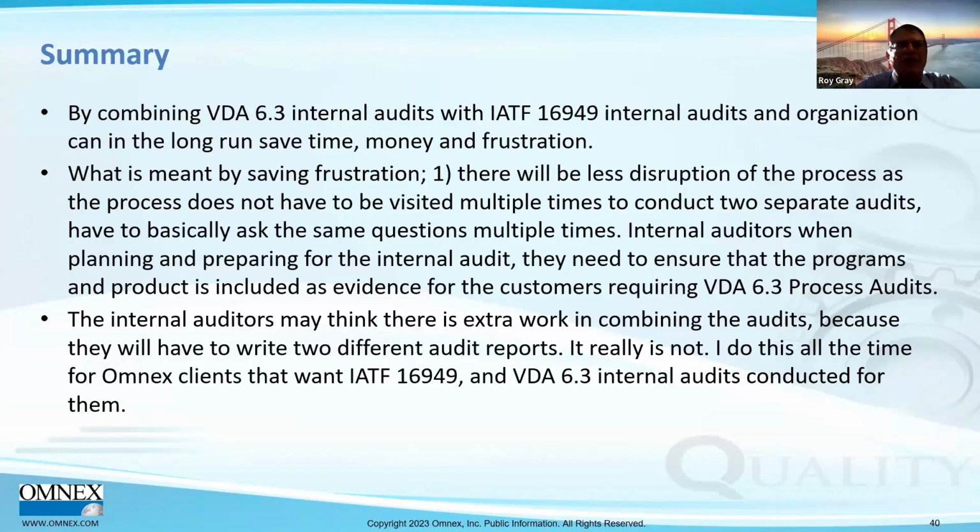And if you give it a 0, they have nothing in place for VDA 6.3. So there are 2 different audit reports we need to complete, and it's time consuming, a lot of work, but keep in mind, some of the same evidence that you're using for one, you can use for the other as well.